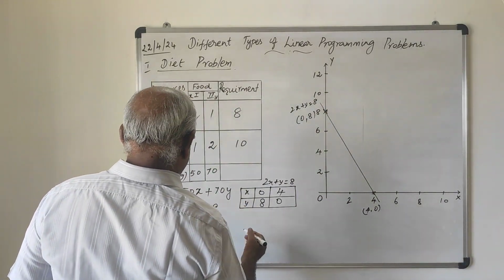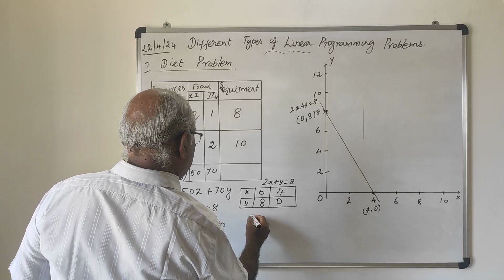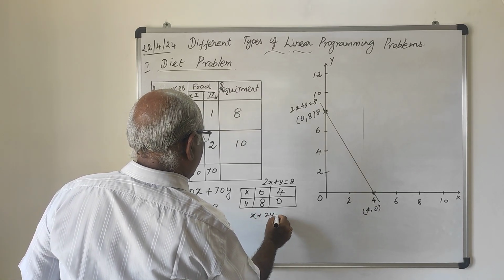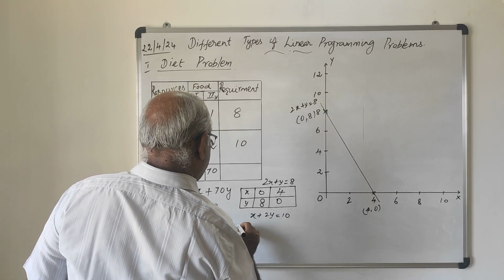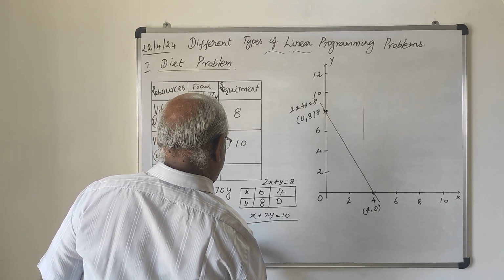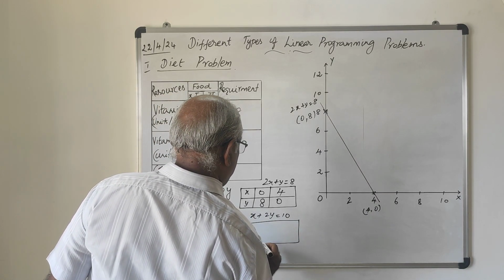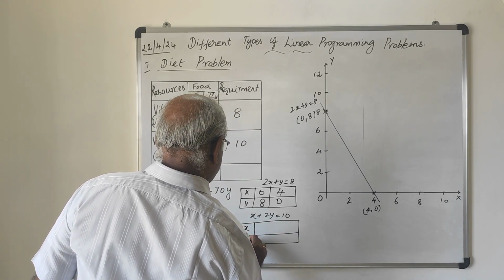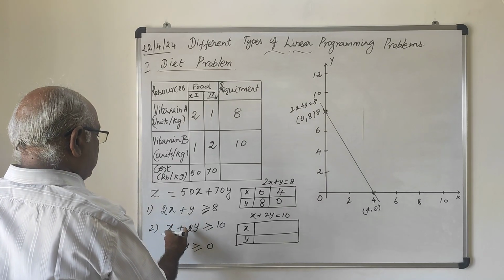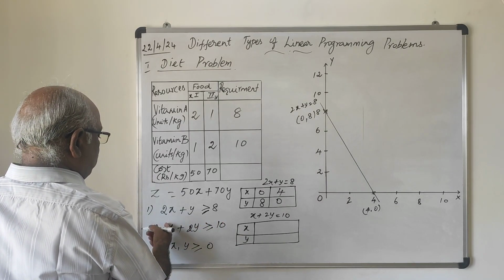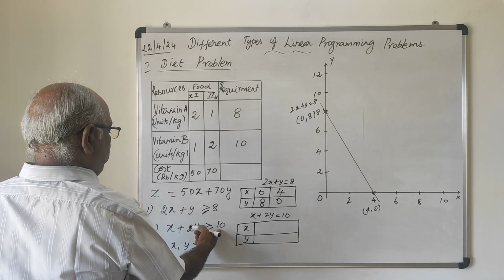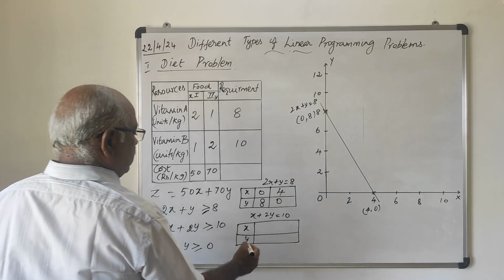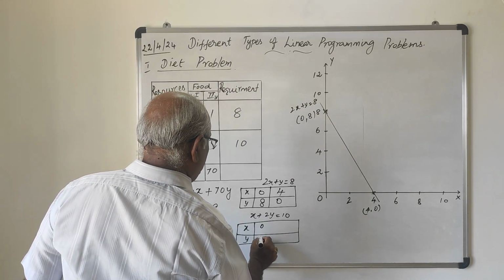Next, the second line, the second inequality, x plus 2y equal to 10. In the same manner, if you put x equal to 0 in equation 2, 2y equals 10, so y equals 5. So x is 0, y is 5.